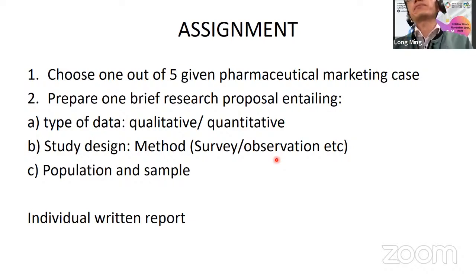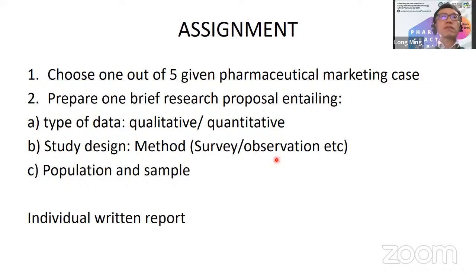If there's a presentation, we will provide the presentation slot with the examiners. For this particular assignment, it's quite straightforward. You just have to write 2 pages based on 5 pharmaceutical marketing cases I'll give you, and you have to choose one.